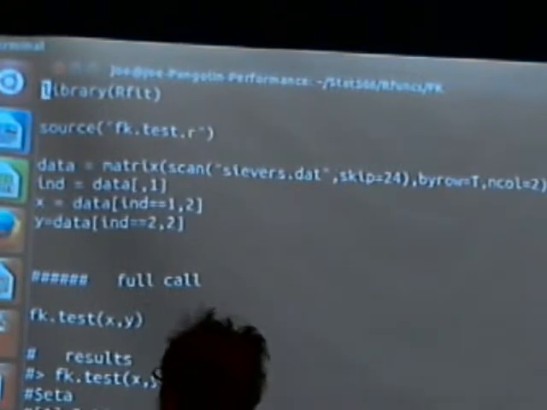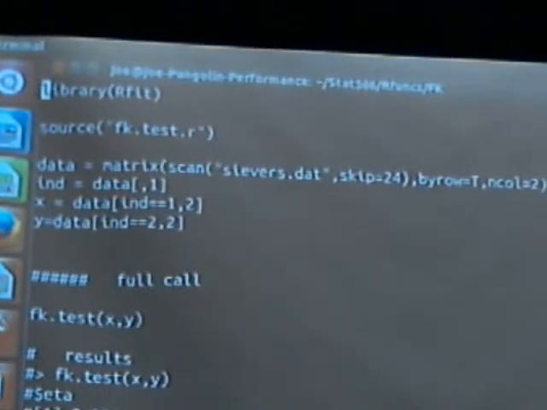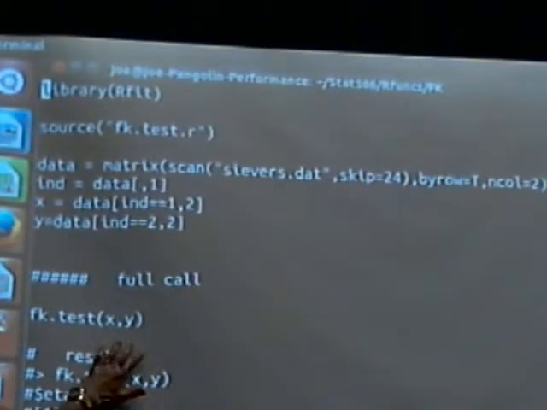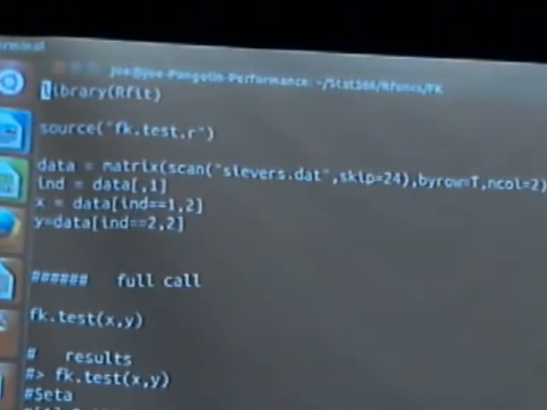It's on crayon, and you can load that library. But then you source that function, fk.test.r, and that's what we need to do. There are some arguments you can change, but basically it's just fk.test(x, y), and this is the original sample. You don't have to do the alignment, of course.